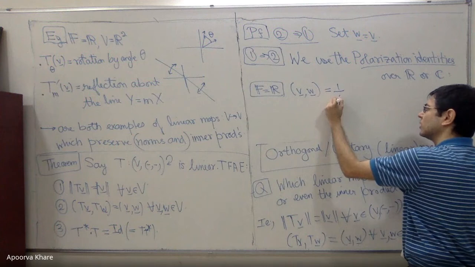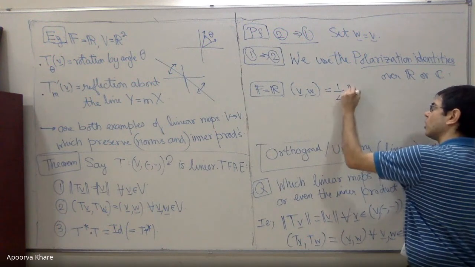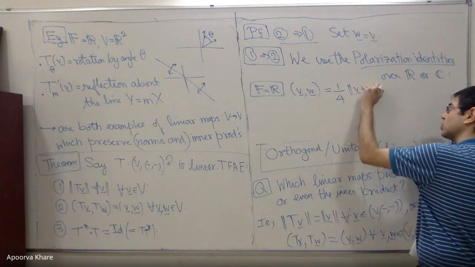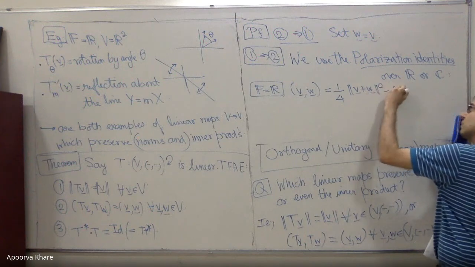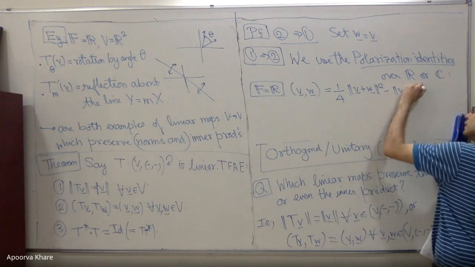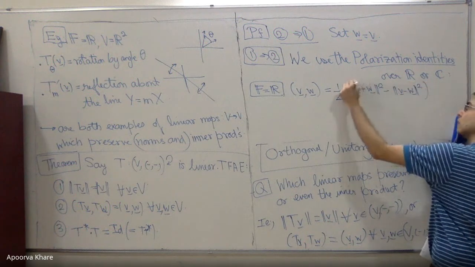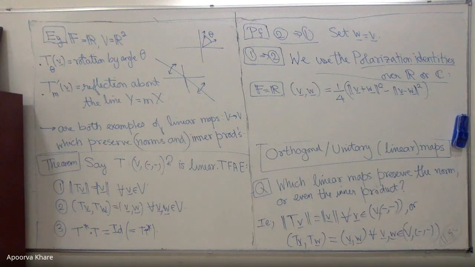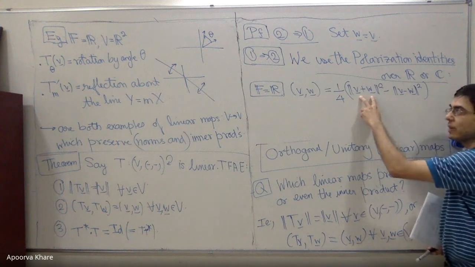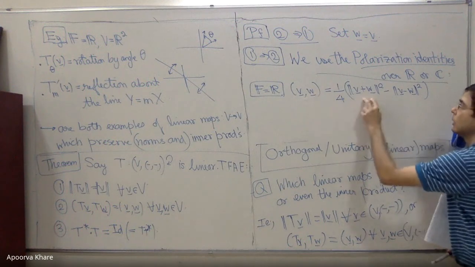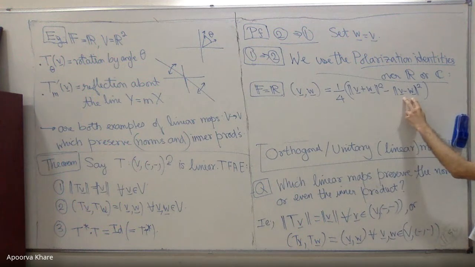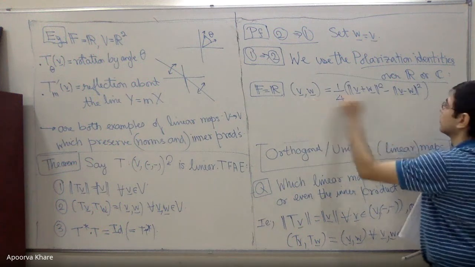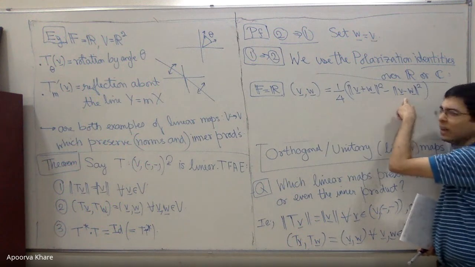1/4 of the norm of V plus W squared minus the norm of V minus W squared. Basically, it's A plus B squared, plus 2AB, where 2AB is 2 inner product of V and W, minus A minus B squared, minus 2AB.